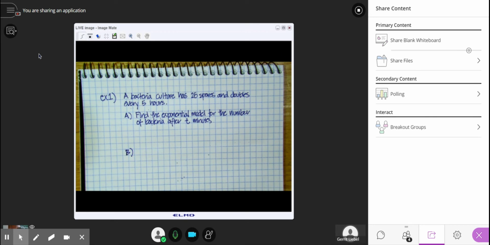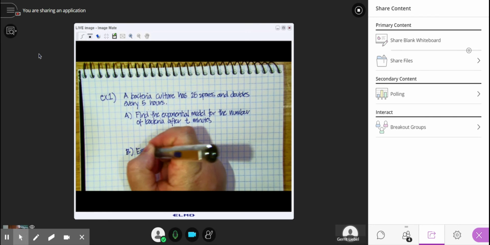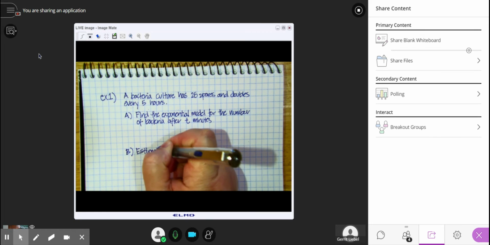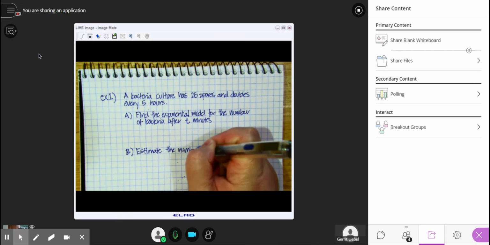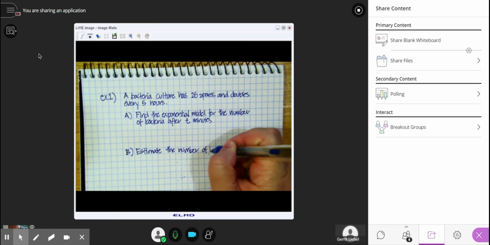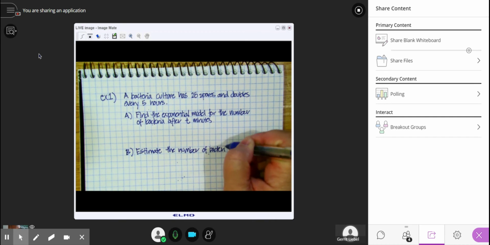Second part, estimate the number of bacteria after 18 hours.